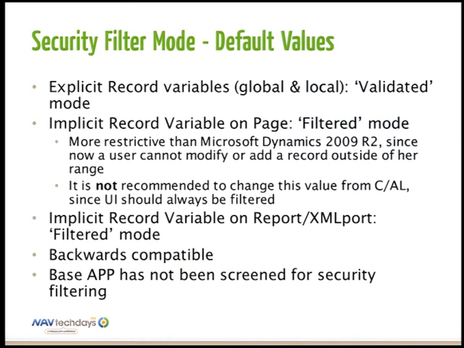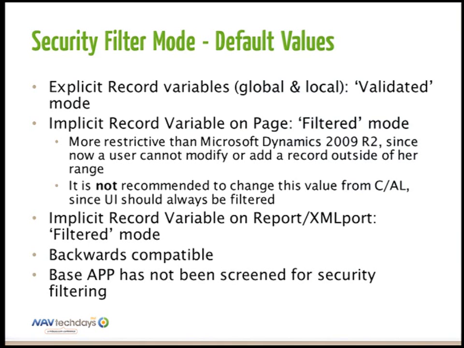So, default values. We have two types of record variables. We have the explicit record variables that you declare yourself. That was what I showed you. You can see in the property window for the variable what mode it is. And the default value is validated. And it means that you run the optimistic security model. You try to go along, modify record, read record, whatever, but if you get outside, it errors.